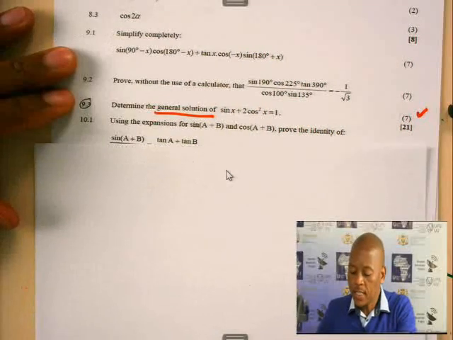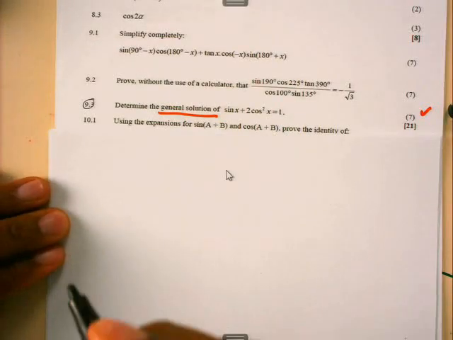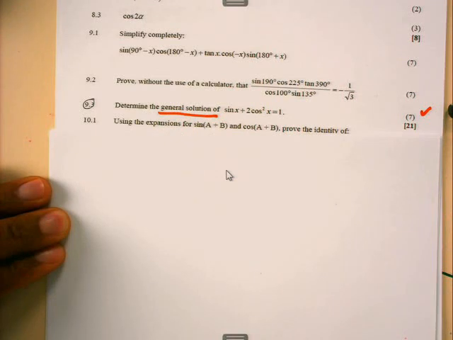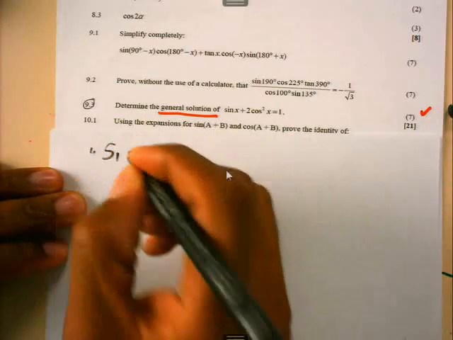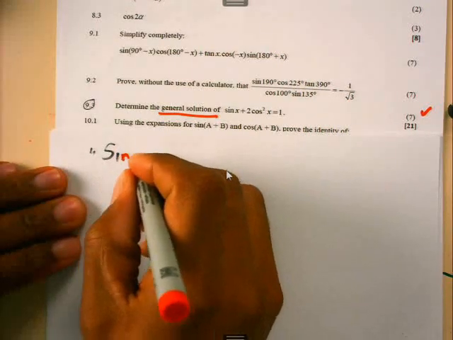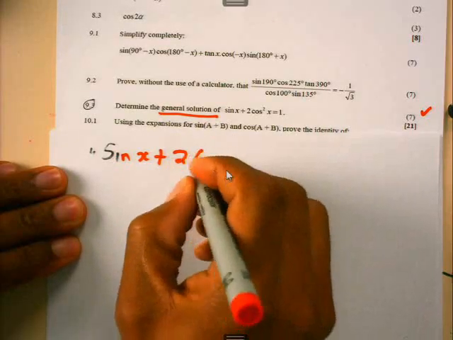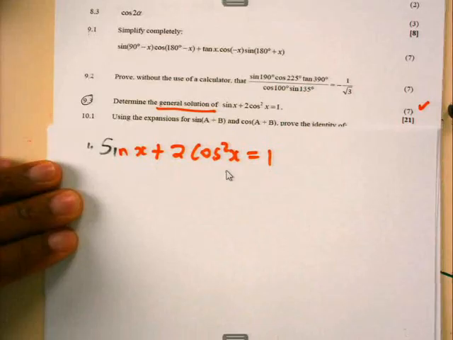Right, now let us see what's going to happen with 9.3. The question was determine the general solutions of sine x plus 2 cos squared x is equal to 1. Let me write it down here: sine x plus 2 cos squared x is equal to 1.